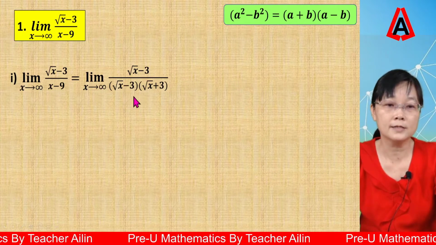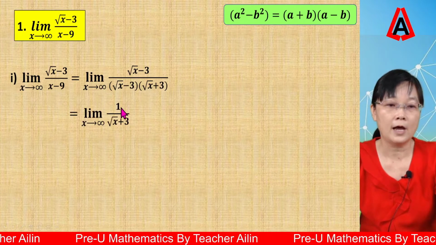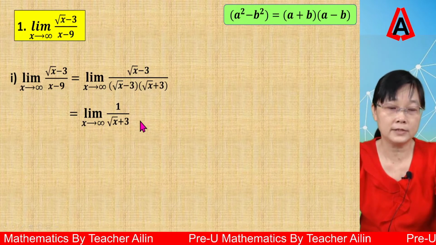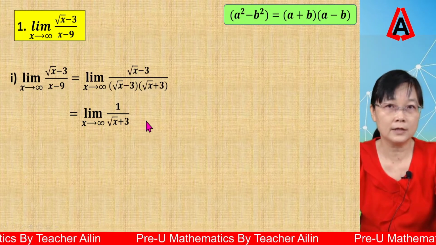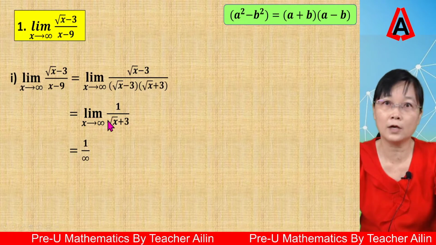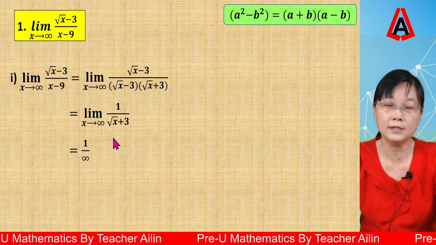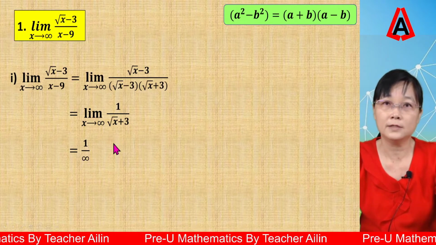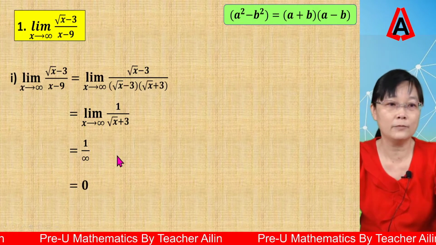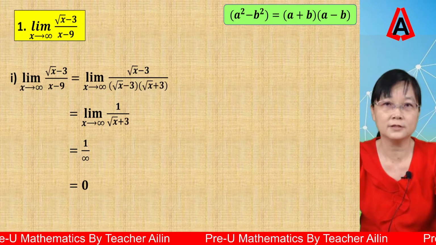When I cancel off this factor, I'll get 1 over square root of x plus 3. Then I substitute the infinity for the second time. I find that it is 1 over infinity. Then 1 over infinity is equal to 0. So 0 is the limit of this function.